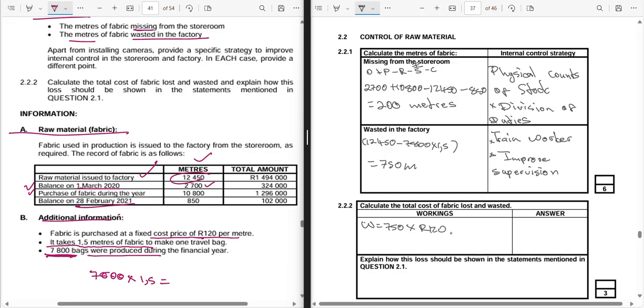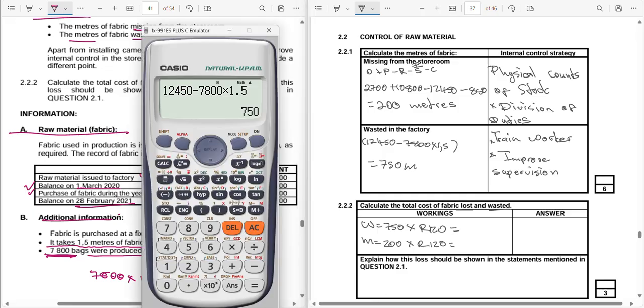Then you say missing, because they said for lost and wasted. Lost, it's missing. So how many missed there? 200. You say 200 meter square times the same cost, which is 120. So how much are we going to get for wasted, and how much for missing?